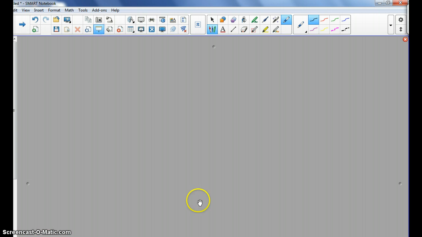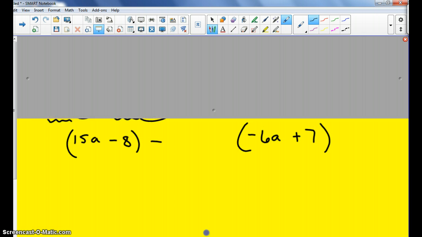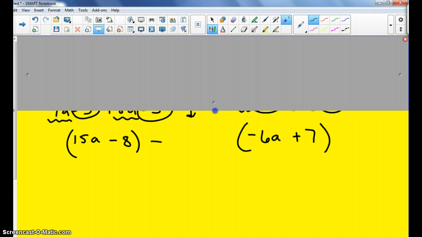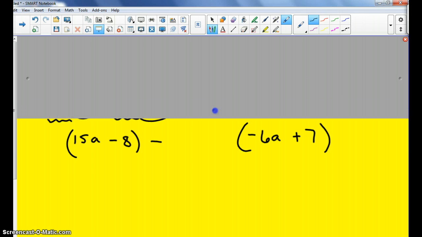Now you could technically cover up everything up until that point, and you guys, you know how to work this problem. For some reason, you see all your work done, and it stresses you out, but you know how to work this problem. I have to distribute a negative 1 throughout this set of parentheses.